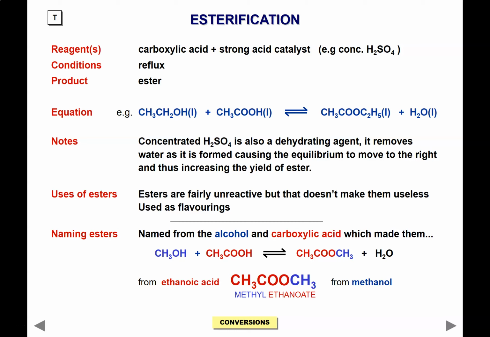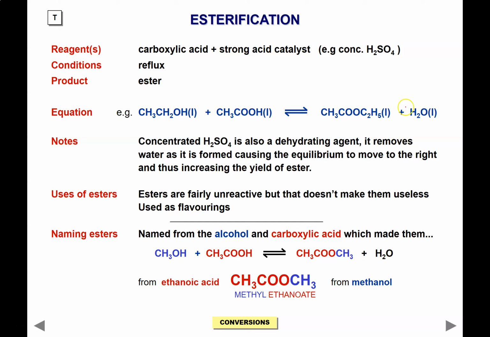Okay, this is just a bit more of an explanation of what happens. This happens in reflux when you're doing it in the lab. You need concentrated sulfuric acid as a dehydrating agent, as it removes water as it is formed, because this causes the equilibrium to move to the right, and thus increases your yield of the ester.